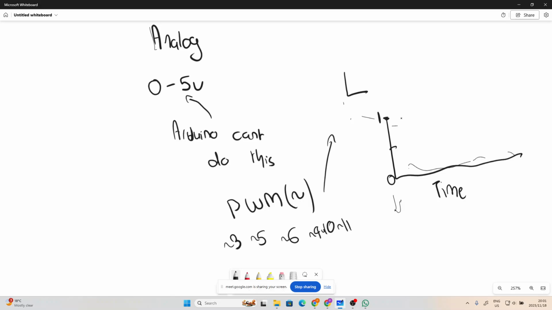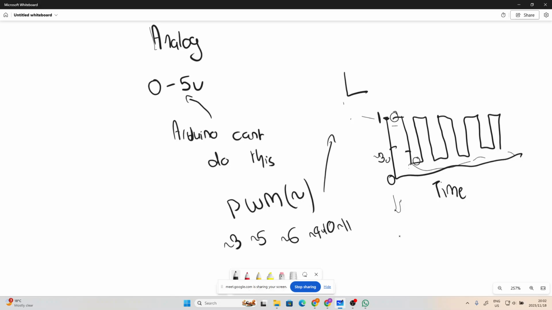Over time, what PWM does is it goes on, then off, on, off, on, off, and so on. It does this milliseconds apart, something the human eye can't even detect. This allows it to take the average time on versus the average time off and calculate the midpoint. So let's say it's here. This means it's going to be around 3 volts.